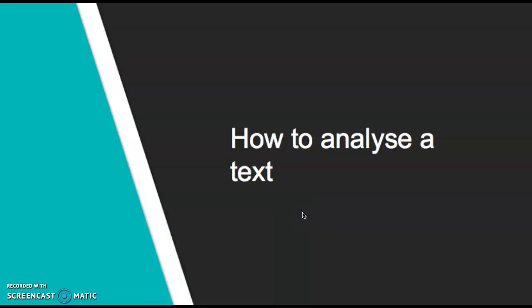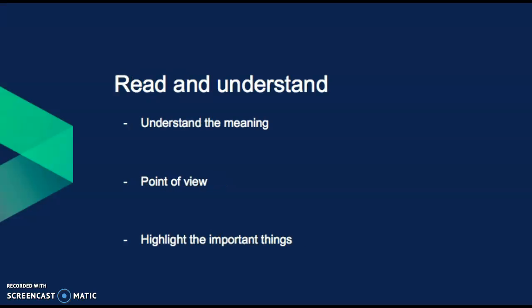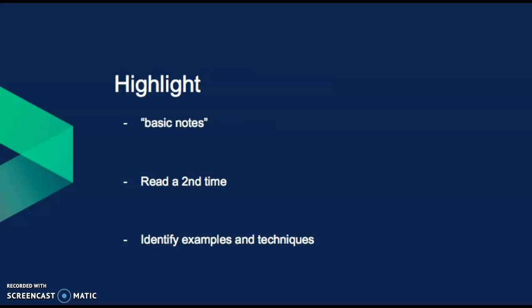Okay, so this is an analysis about the text Pill Pusher and how you're going to analyze the text. One of the main things you have to do first, when you have read the text, is to highlight the most important parts and take your first basic notes.